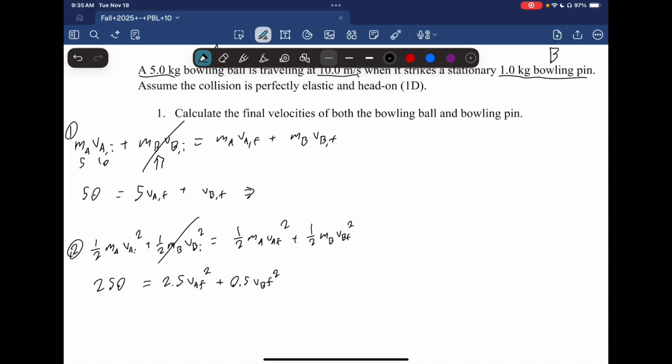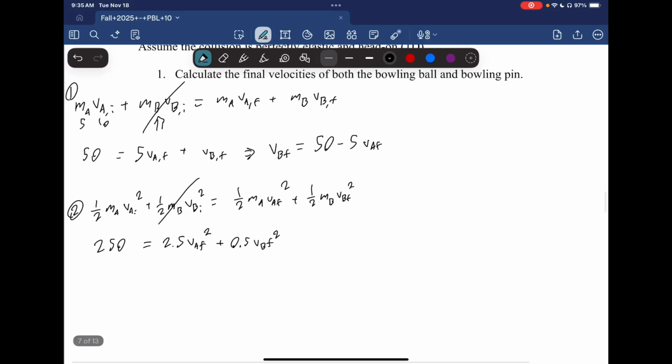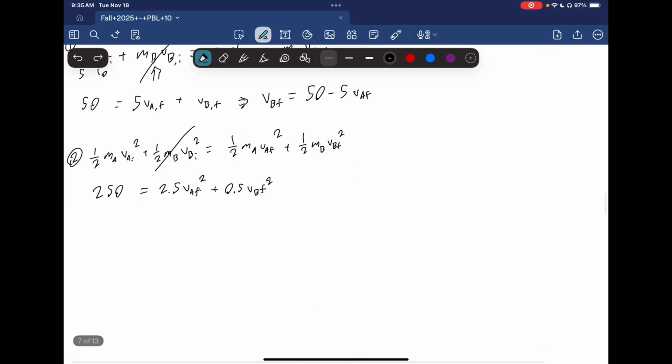So for this, I'm going to solve for VB final. We're going to say VBF equals 50 minus 5 VAF. And then I can take that and plug it in for VBF, not VAF.